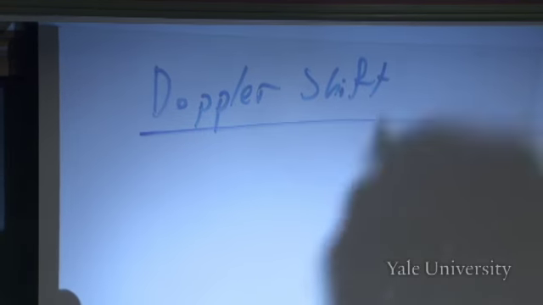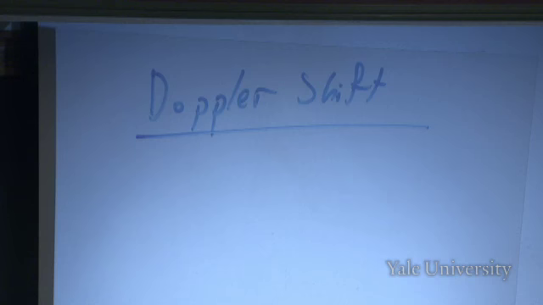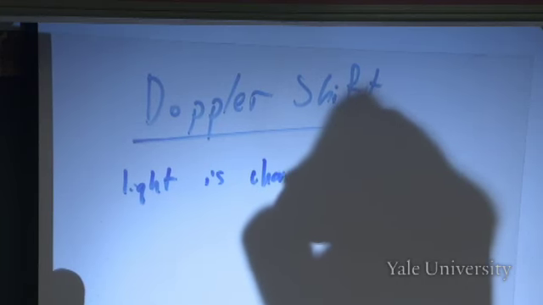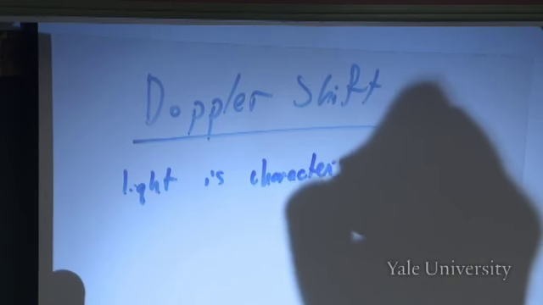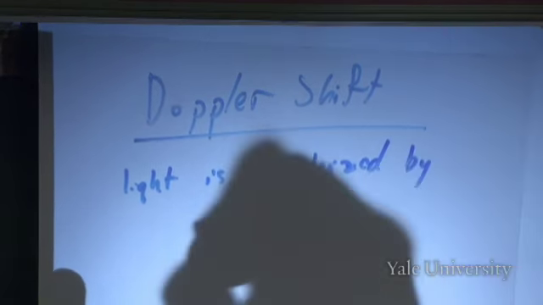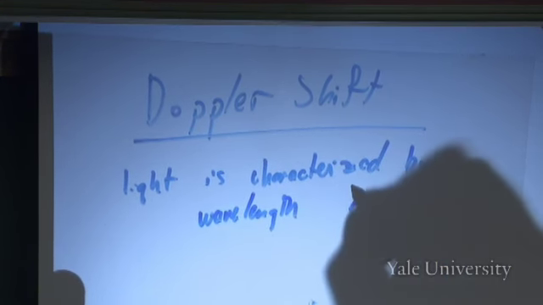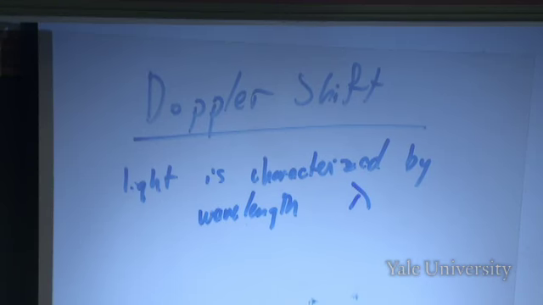And so just to remind you or to inform you if you haven't seen this before, and there's some help sheets and things that you can look at about this too. Light is characterized by its wavelength, which is usually given the Greek letter lambda.